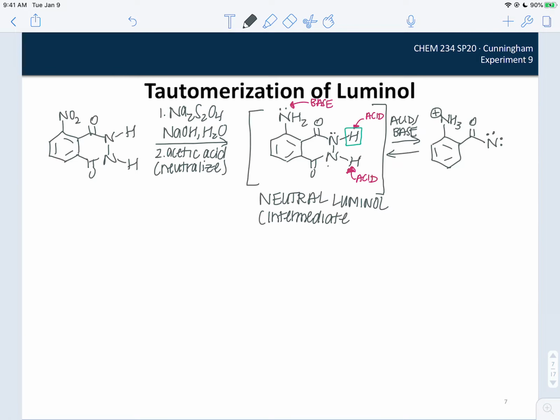We can fill in our lone pairs. I usually like to do this, so let's go back and fill those in. We don't necessarily have to, but it can be helpful for keeping track of our formal charges. So here we've got this intermediate.